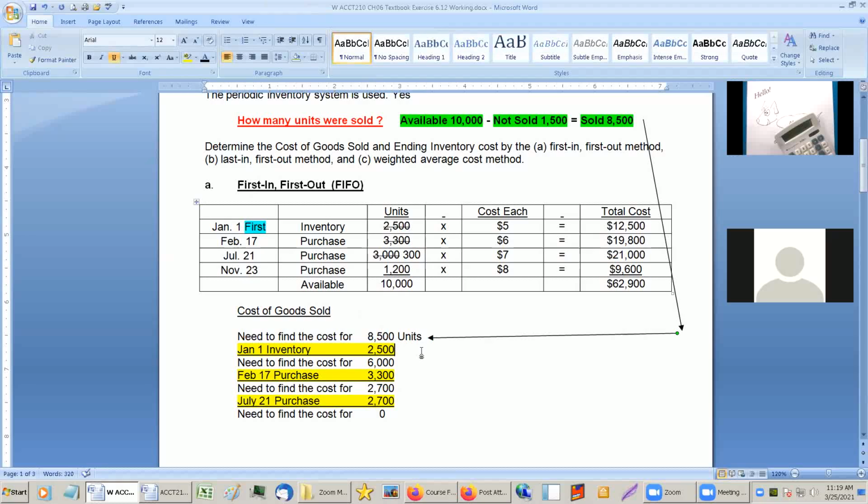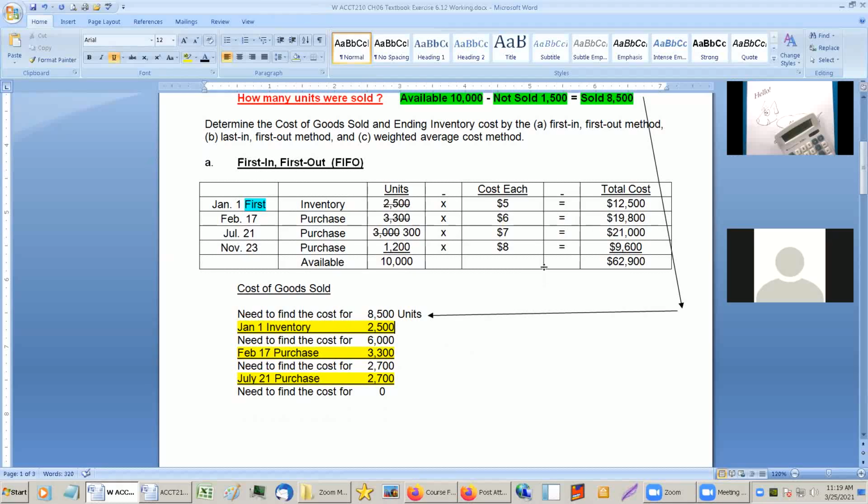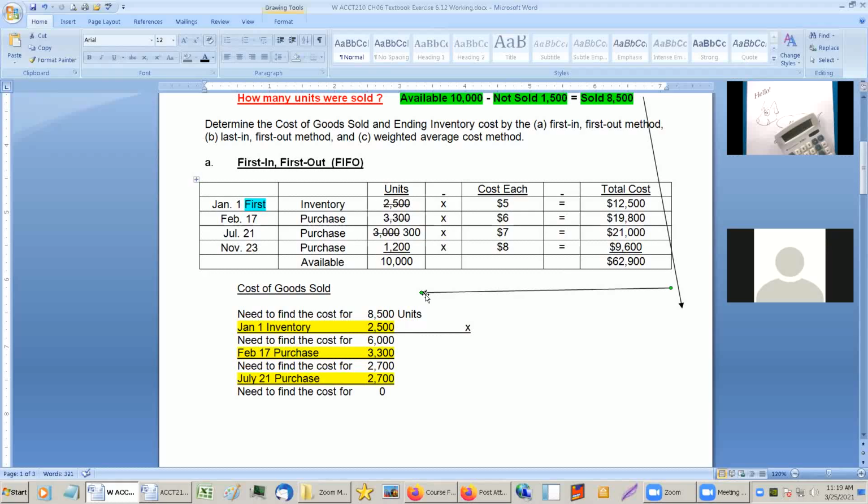Okay, I think we'll do the cost of goods sold down here. We already have these all lined up, so we might as well just do it right here. Okay, so this is 2,500 times... My arrow's getting in the way. Rascally arrows.